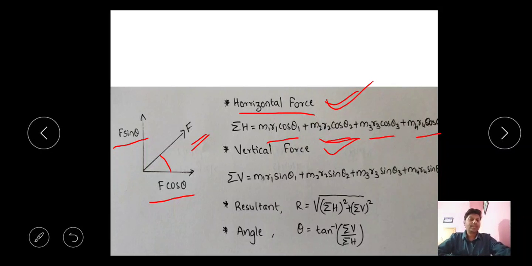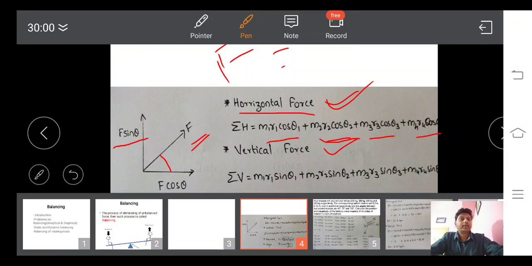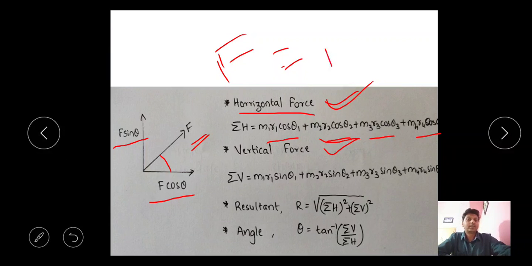Now the same thing we'll consider. What is F? F can be given directly in terms of mass and radius. You can call it M into R. So F1 will be M1 R1. I have written horizontal is equal to, for the first mass.